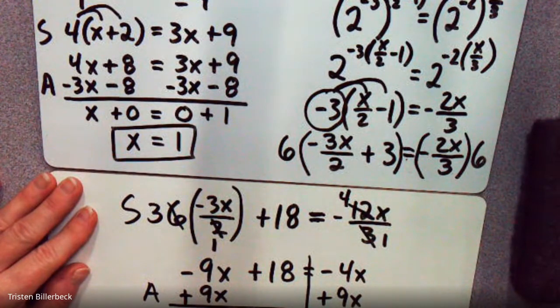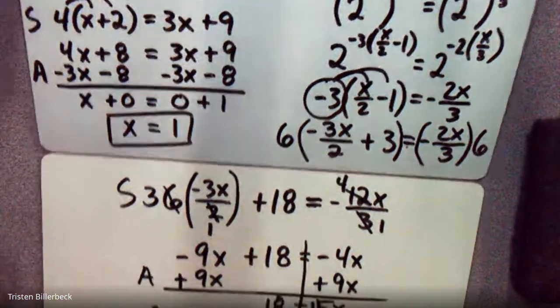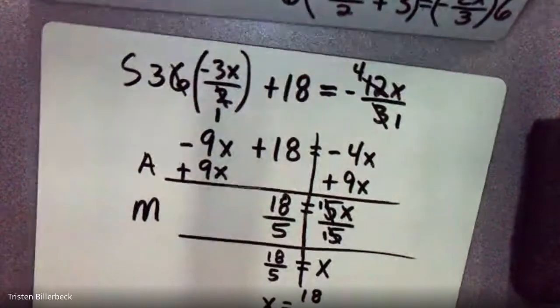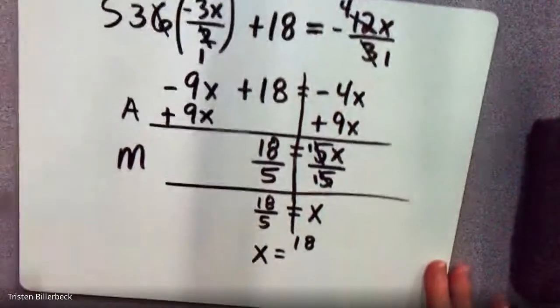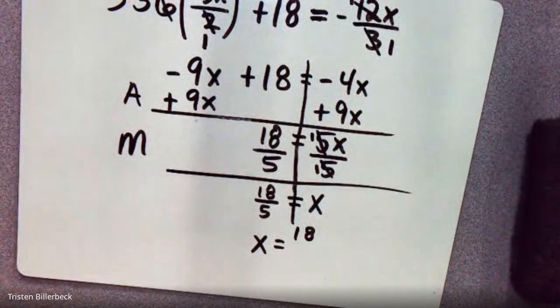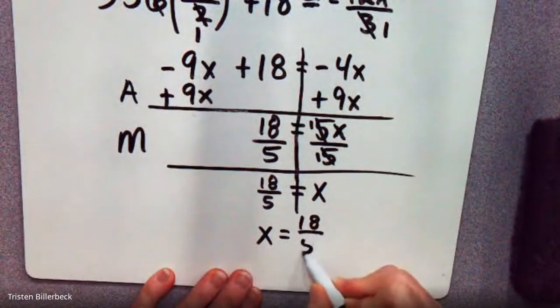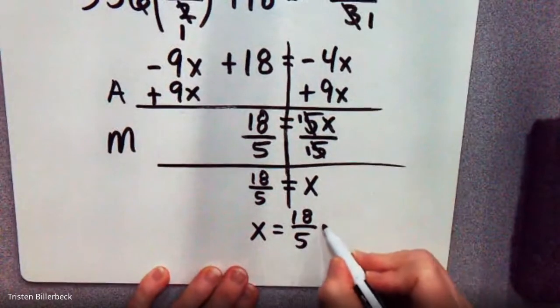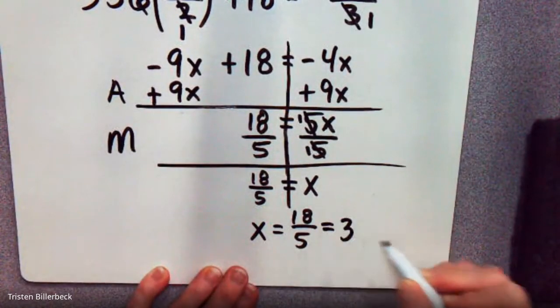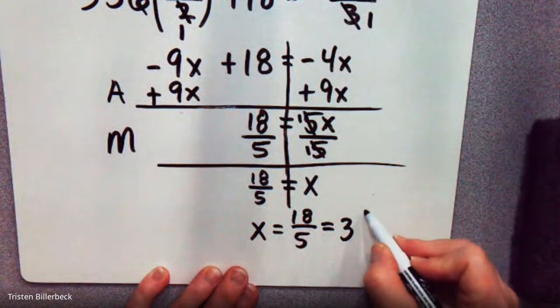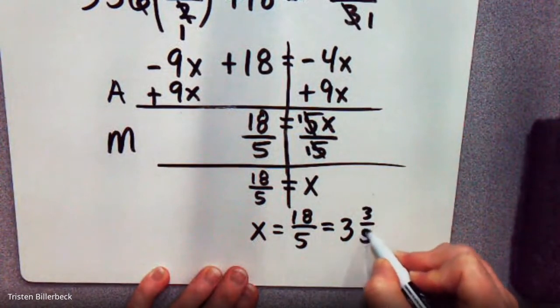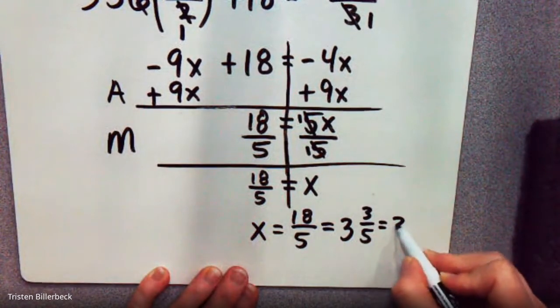Okay, so x equals 18 over 5. Let me put this over here. Okay, so there are 3 5s in 18, leaving 3 left over, so we have 3.6.